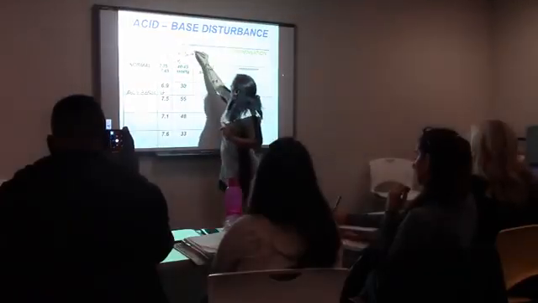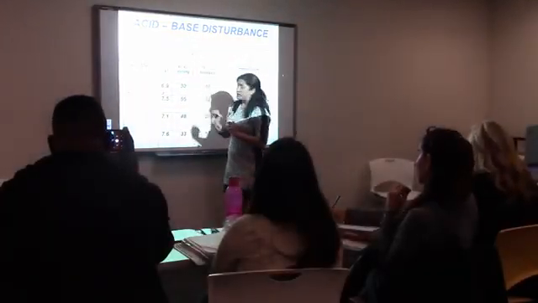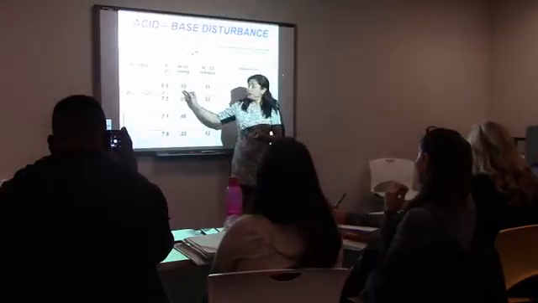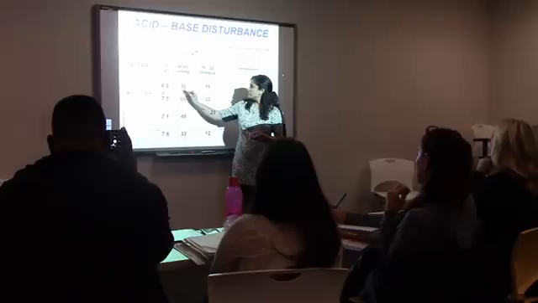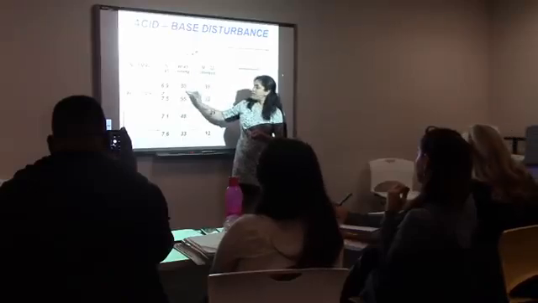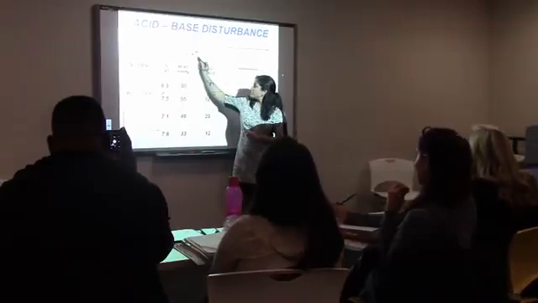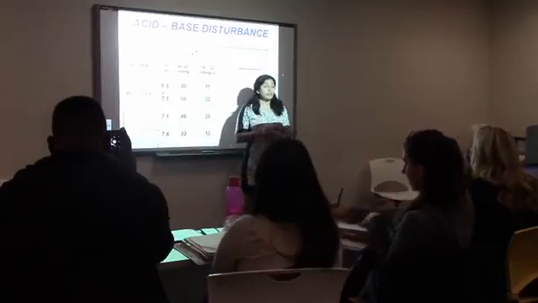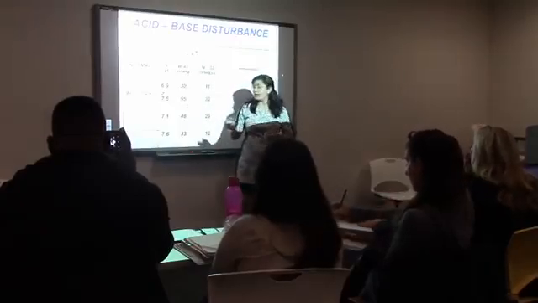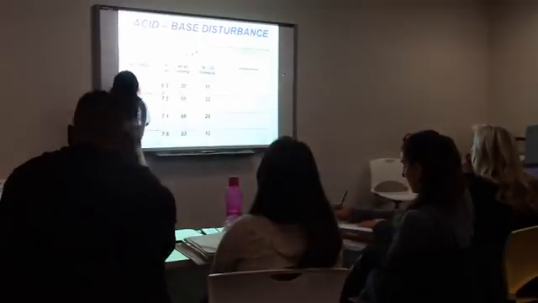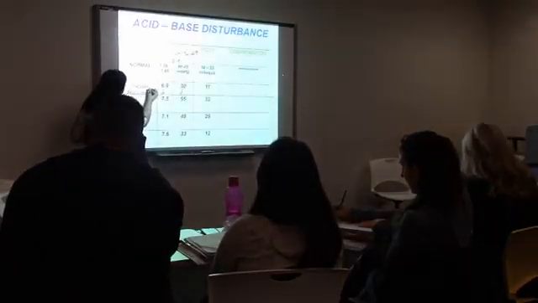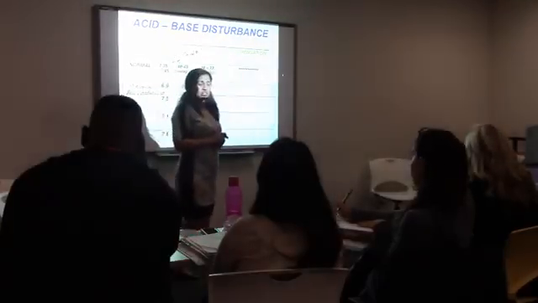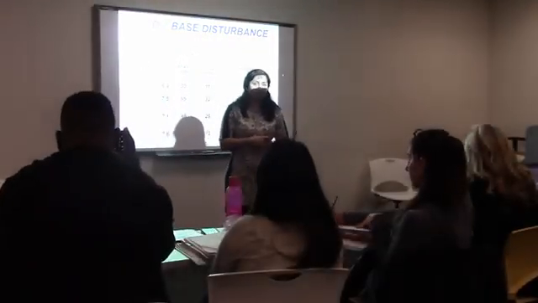So you think that it should be increased, correct? Then you actually look at the value. Is it increased or decreased? Decreased. Okay. So does it match your prediction? No. It should increase, but it has decreased, so you know it cannot be your respiratory system. So it's your metabolic. If it does not match your prediction, it's the opposite system at fault.